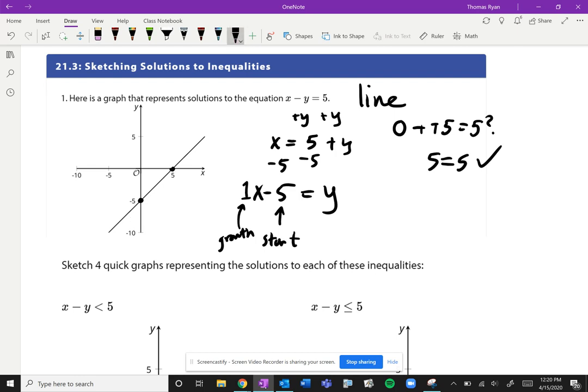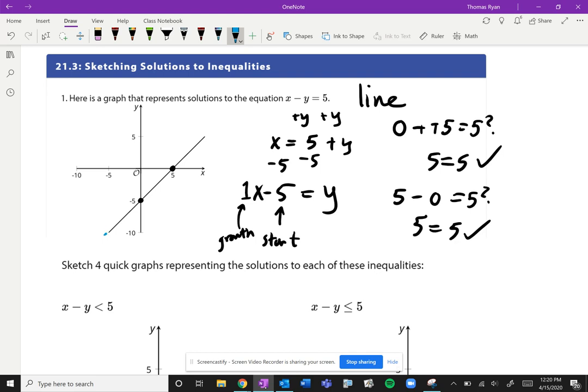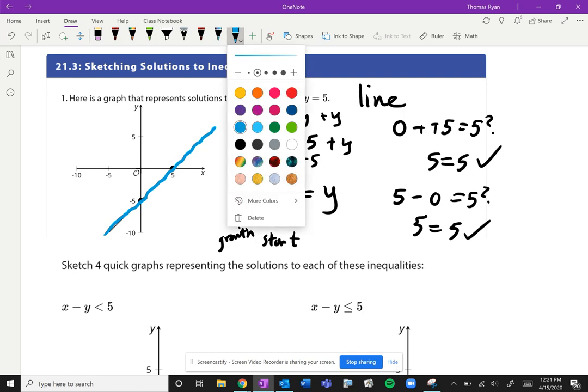What about this point here? This is at the point 5 comma 0. x minus y equals 5. 5 equals 5. So sure enough, this point is on the line. So what we're going to see, people, and what we said in the last example, is that all the solutions are all the points on this line.